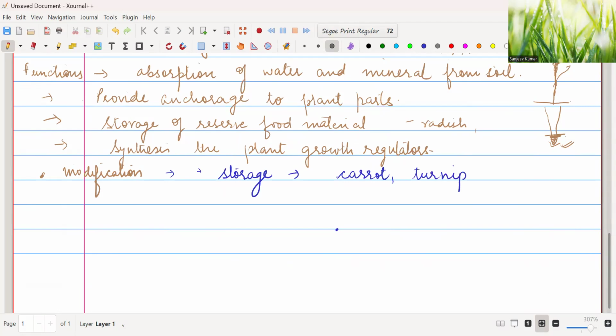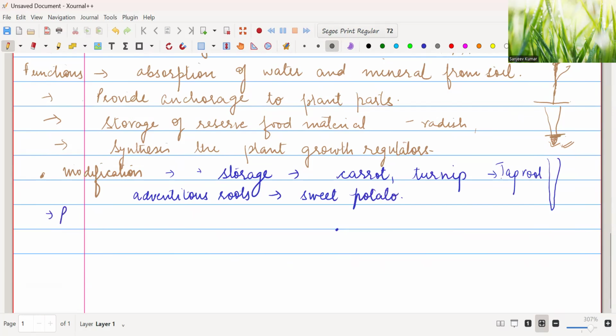That means the tap root is modified, like radish. When we talk about the adventitious roots, where will you find the modification? You can find it in the sweet potato. All have seen the sweet potato?